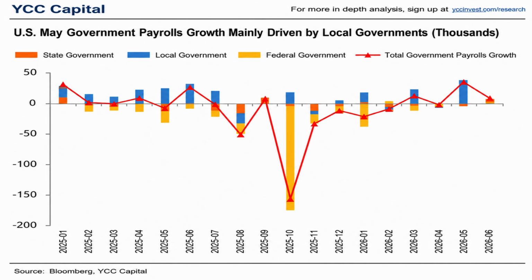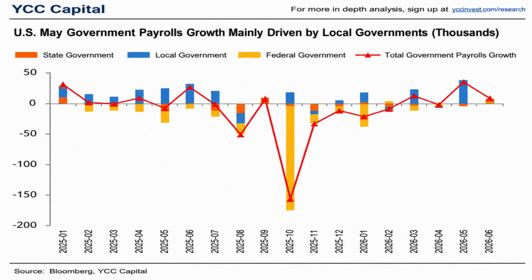Government employment deserves special attention because it has become an increasingly important contributor to overall payroll growth. This chart breaks total government hiring into federal, state, and local governments. The most noticeable feature is that recent payroll gains have been driven primarily by local governments rather than the federal government.